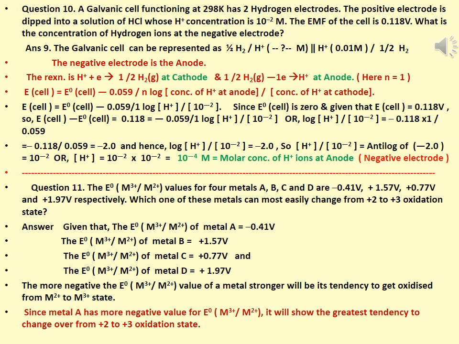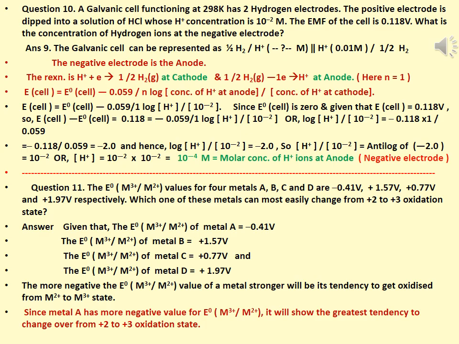Or log of H plus ions by 10 power minus 2 is equal to minus 0.118 into 1 by 0.059, which is minus 2. Therefore, we get log of H plus ions by 10 power minus 2 is equal to minus 2.